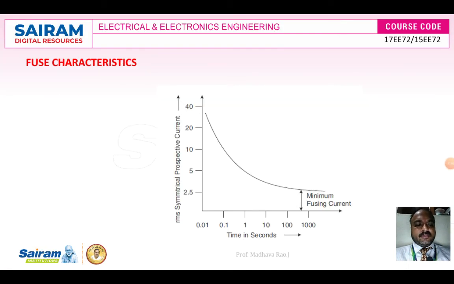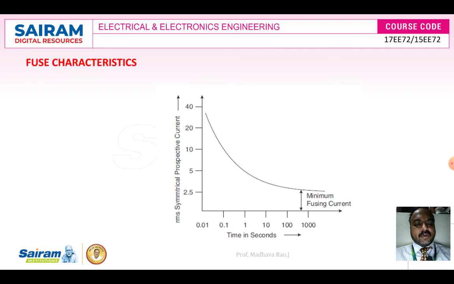Next, if you see the graph, this is a very important graph for fuse characteristics. In the y-axis you can observe the current, and in the x-axis you can observe the time.